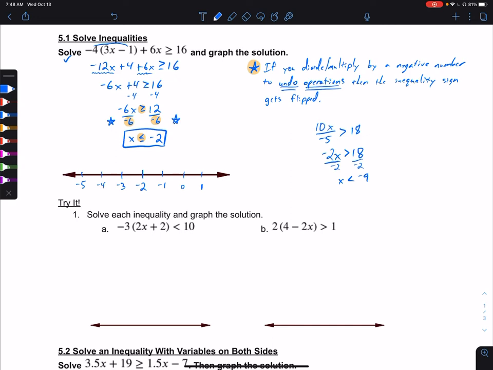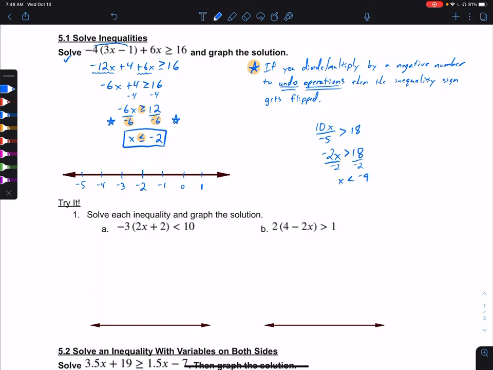So from here, you're going to look to graph this inequality, x is less than or equal to negative 2. At negative 2, we need to decide whether we're going to put an open or a closed circle. We need to ask ourselves, is negative 2 part of the solution? The answer is yes, because we have x is less than or equal to.